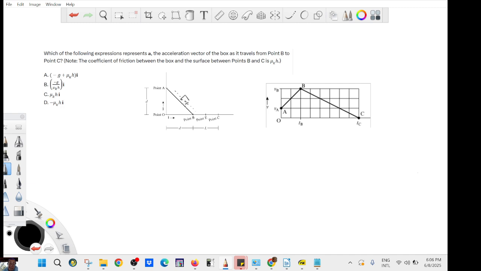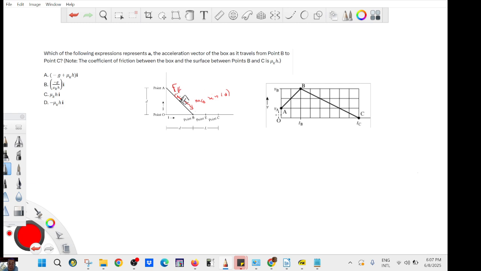So what's going to happen, you can stop the video, but it's going to slide down. Again, it's going to be acted upon by, just to review, mg sine down, and then you have some kinetic friction here.